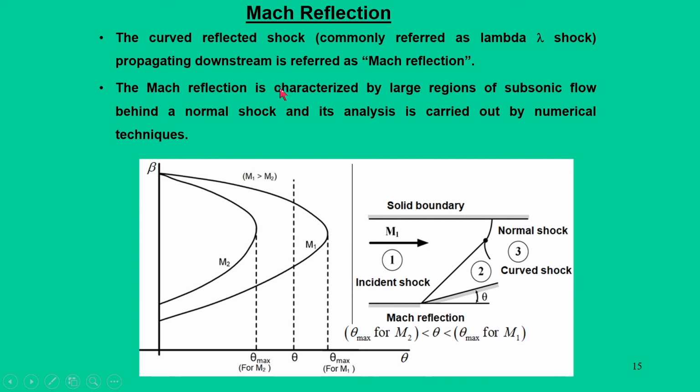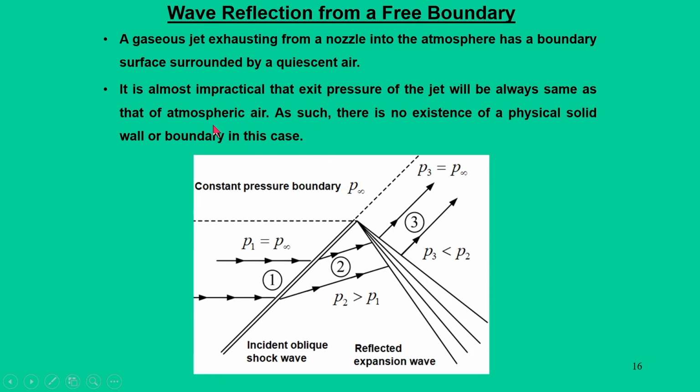So, the Mach reflection is characterized by a large region of subsonic flow behind the normal shock, and its analysis is not simple, because it involves a lot of complicated flow behavior. So, its analysis is normally carried out with numerical techniques, and it is not part of the syllabus, but there are some physical phenomena, or existence of this Mach reflection, in many naturally occurring processes.